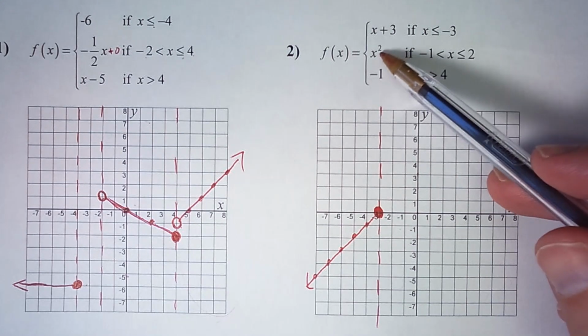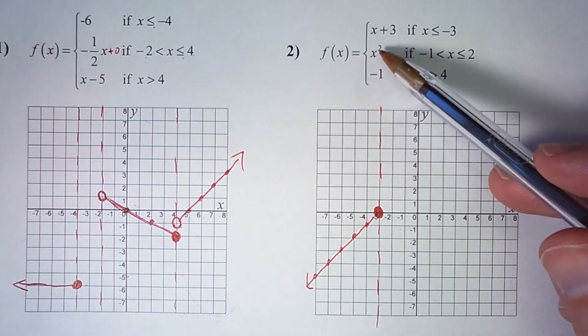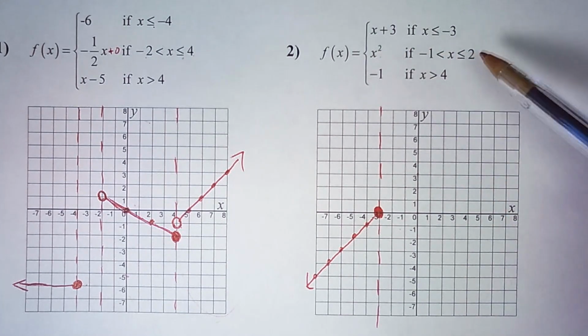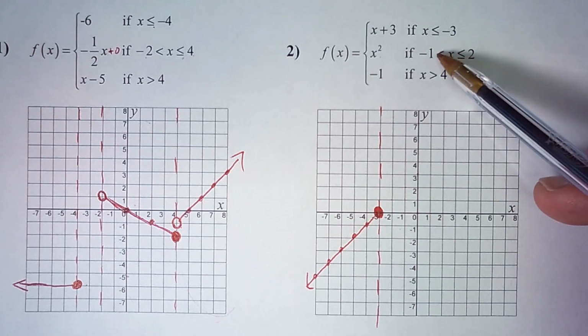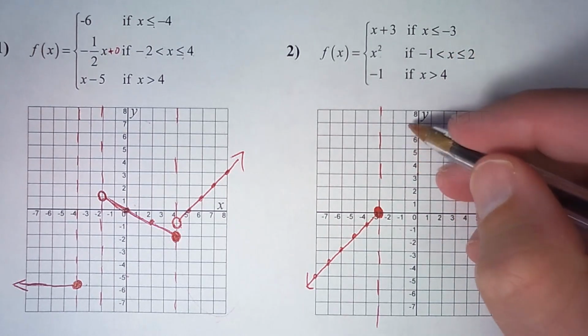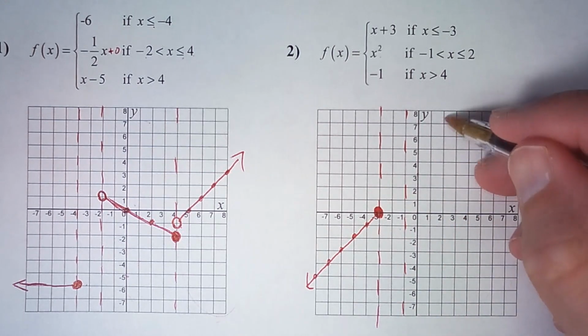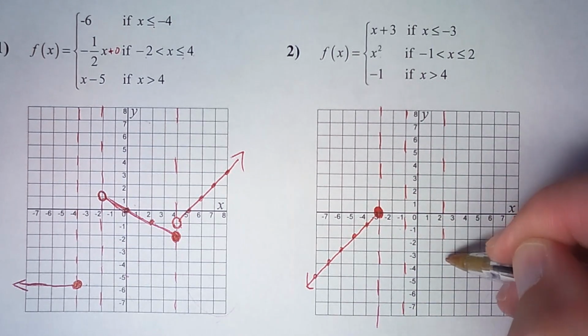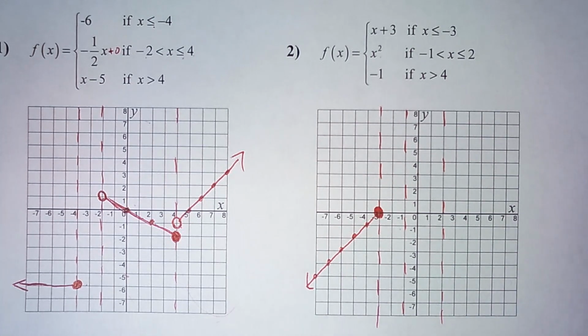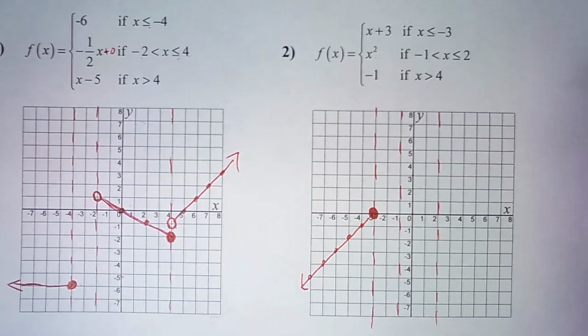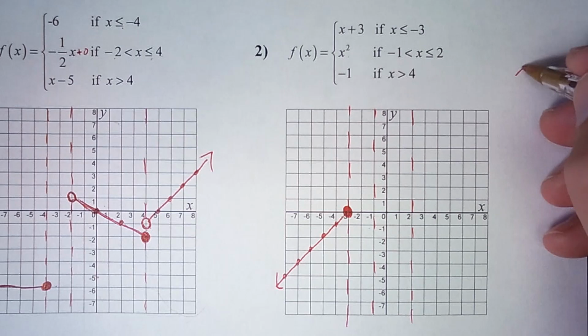Next is x squared. Okay, y equals x squared. That's a parabola. And I can only graph it between -1 and 2. So x values from -1 to +2. Okay, let's just make a t-chart for this one.